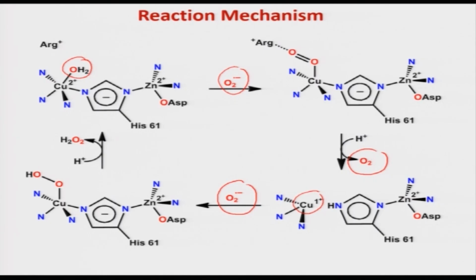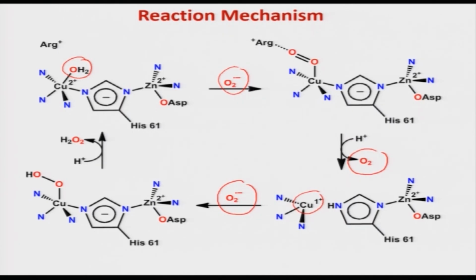Now, the question is how, in copper zinc SOD, the rate is so high. So, in order to achieve very high catalytic efficiency, the active site must provide 4 things. 1, a high rate of access of superoxide to the site and rapid release of products, here it is dioxygen.